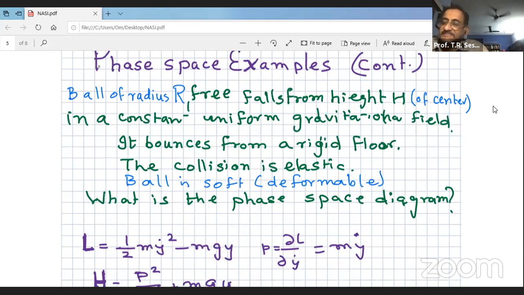But now, since it is not a particle but a three-dimensional ball, I have made the ball deformable. It doesn't matter whether the floor or the ball is deformable. I take the ball as deformable, and the collision is elastic. Now let us see what the phase space diagram is.